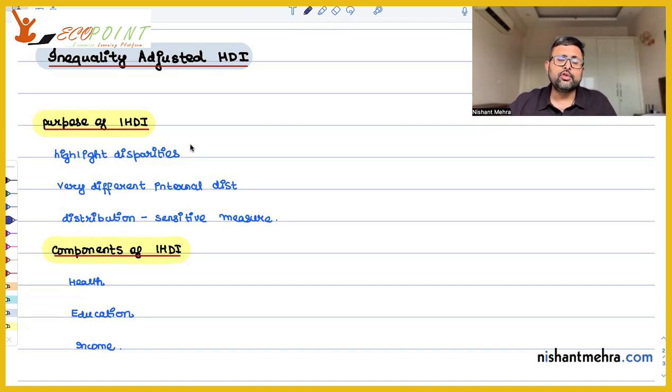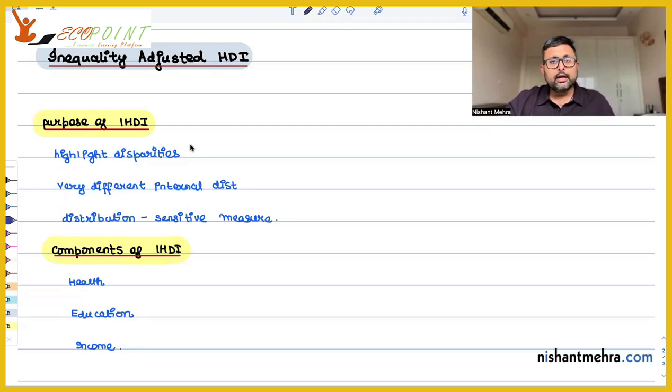So the first thing inequality adjusted HDI does is highlight disparities within a country, which a normal HDI can't reveal. A normal HDI is the weighted average of your health, education, and income, but it is not going to highlight disparities within.